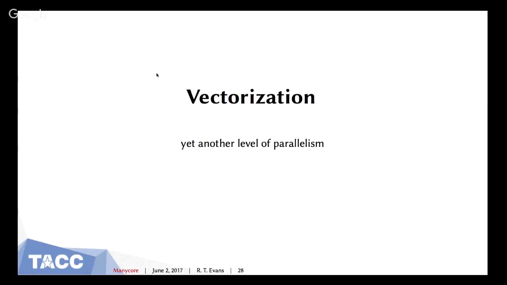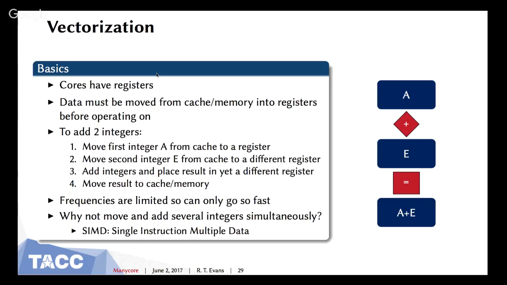Okay, so now we're going to get into vectorization. And so if you think about what's going on in a processor, it has to load the data to 2 registers, perform an operation, store the results somewhere.